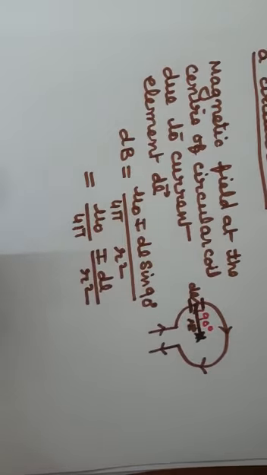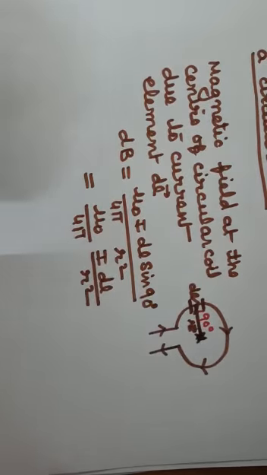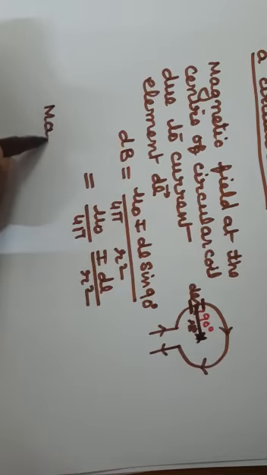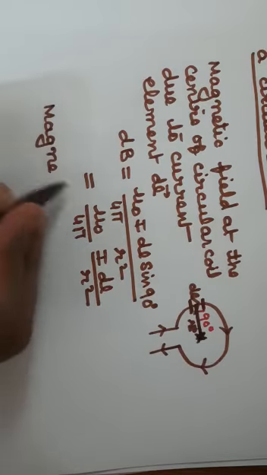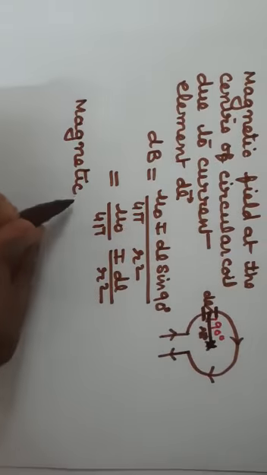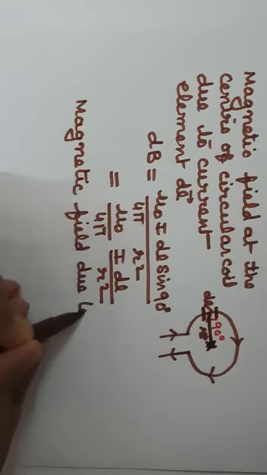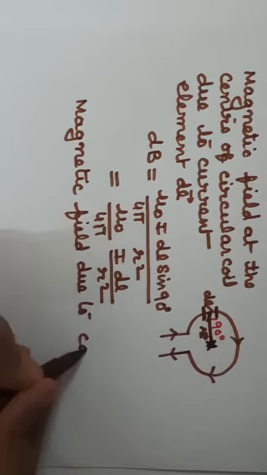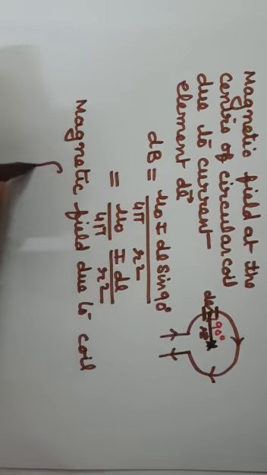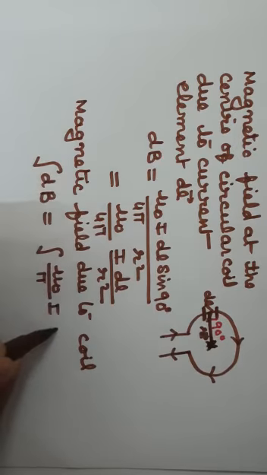Okay, now the magnetic field due to a complete circular coil. So what we will do, we will integrate it. So the magnetic field due to the coil, dB equal to mu naught upon 4 pi I dl upon r square.